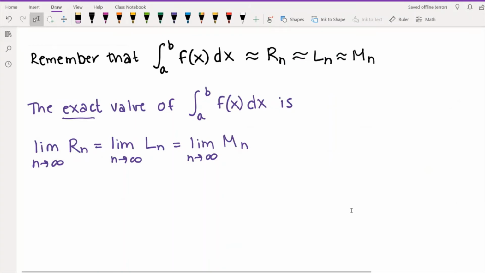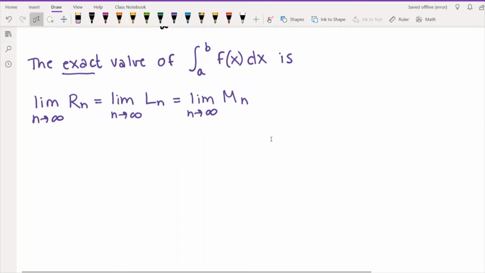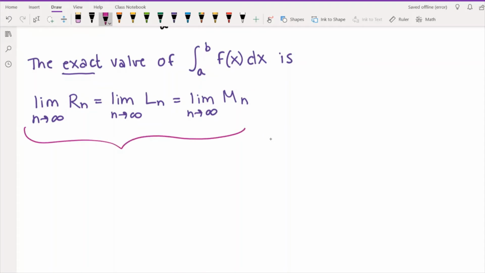Okay, so the next thing we're going to do is figure out a way to express this idea using sigma notation.